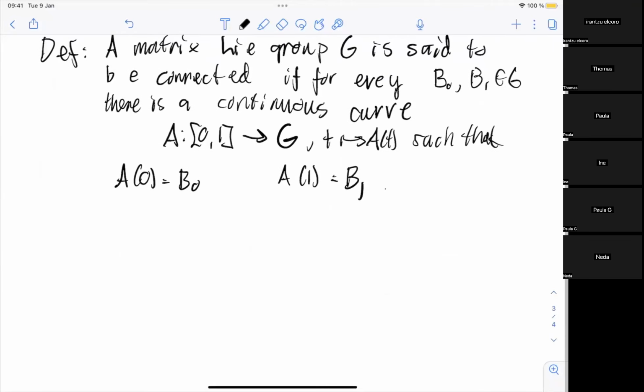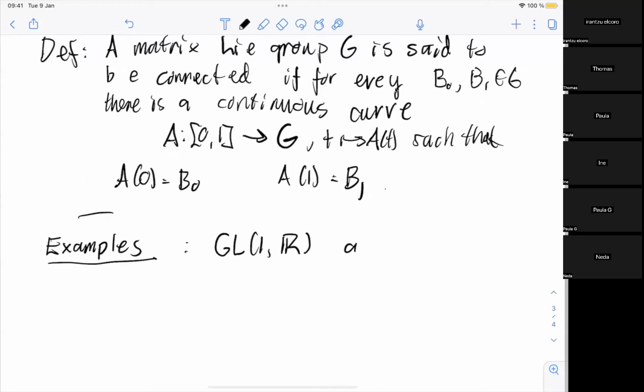So let's look at two first very simple examples. The simple examples is consider GL1R and GL1C.